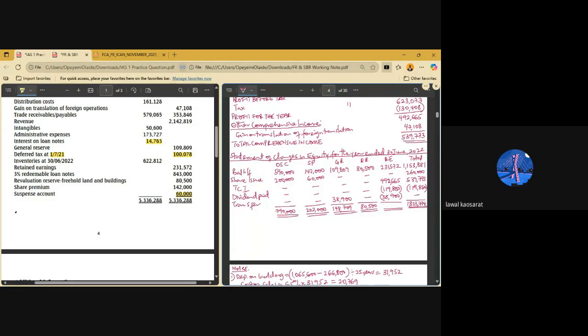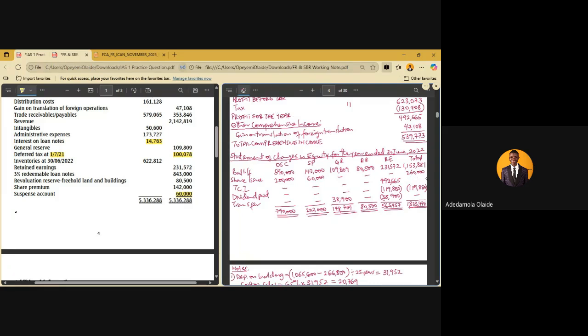Okay. Yes. Retained earnings 565,457. So for this gain on translation, for them to have this gain on translation, that means they've already added the figures of the translated listing to all of these figures we have here. So it shouldn't be part of this again.